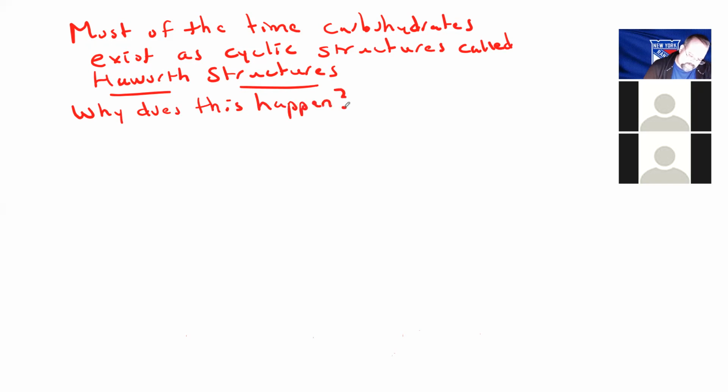Why don't they exist in an open chain form like a Fischer projection would indicate? Why do monosaccharides, disaccharides, and polysaccharides exist in these cyclic or ring structures? Of course, when we say cyclic, we're referring to a ring.